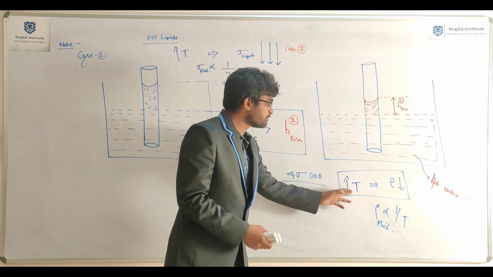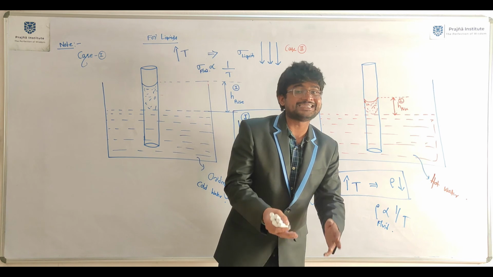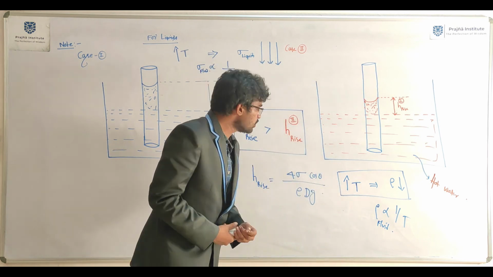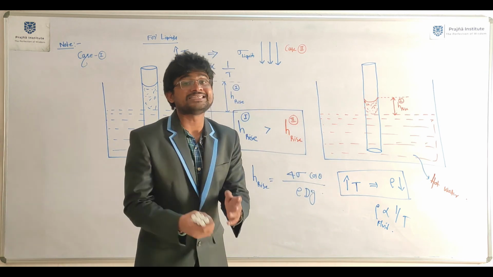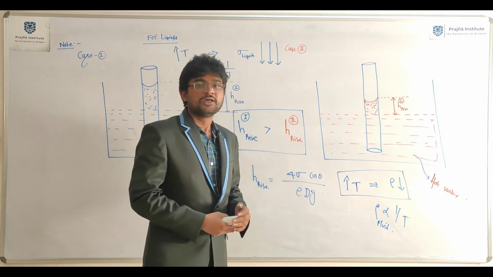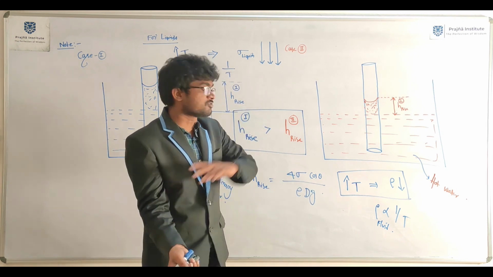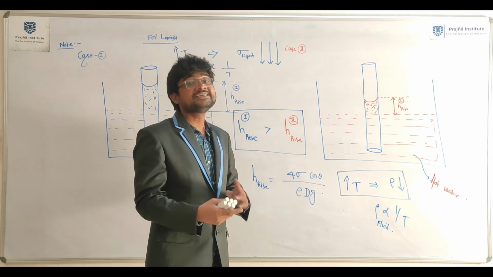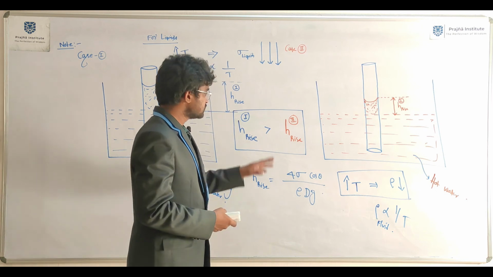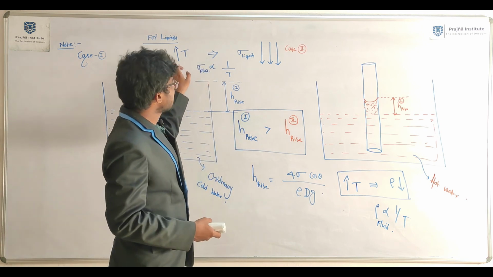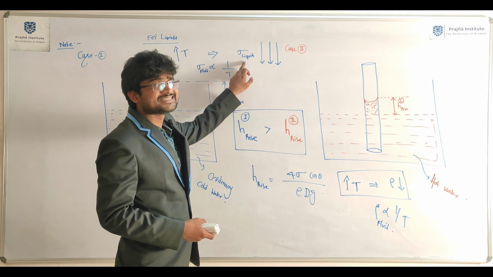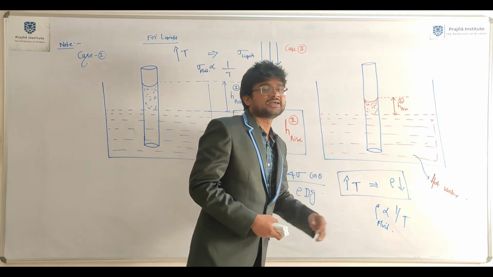With increasing temperature, density of the fluid decreases. So in that case, how can you decide? Both are decreasing, but the effect on surface tension will be higher. Due to temperature, the effect on the surface tension is higher than the effect on the density.